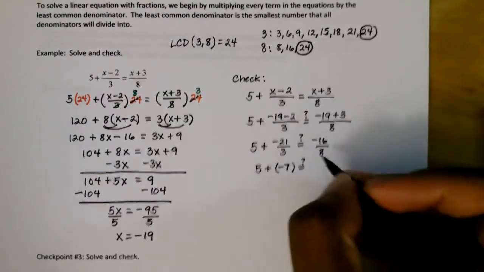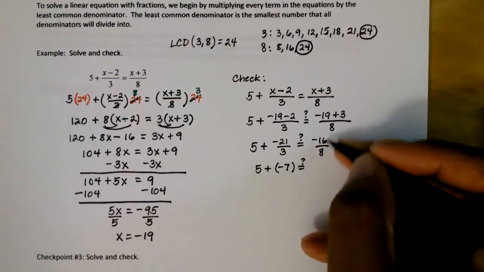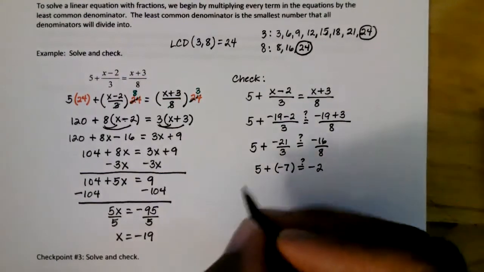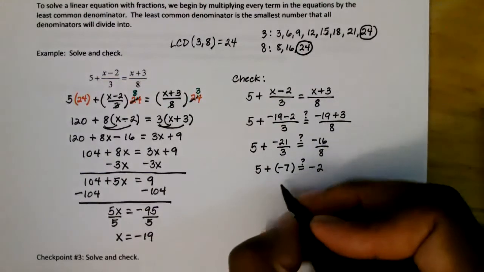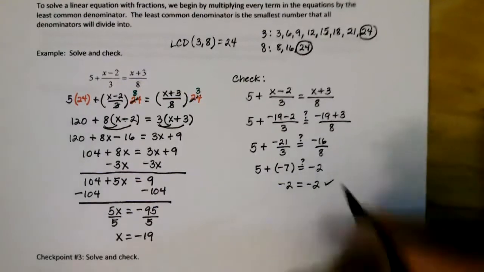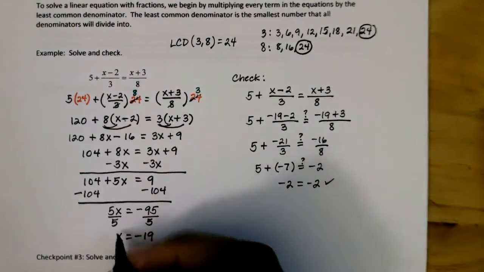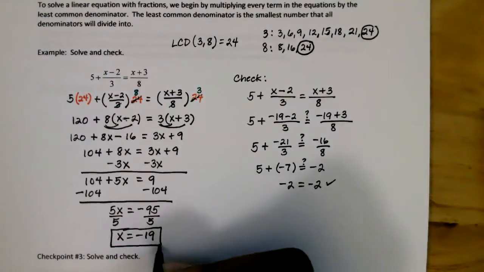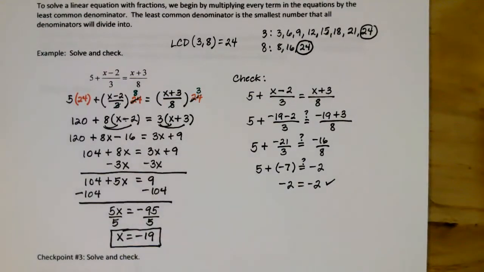I want to know if that's equal to negative 16 divided by 8, which would be negative 2. And if I add 5 and negative 7 together, I will get negative 2, which does equal negative 2, so that checks. And that will mean x equals negative 19 is the solution to that equation.